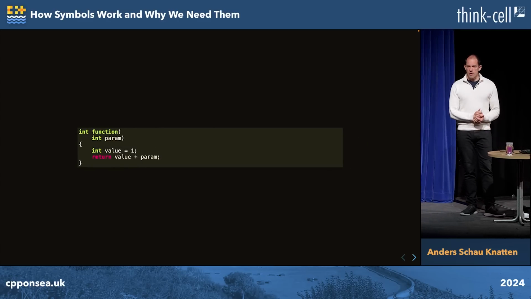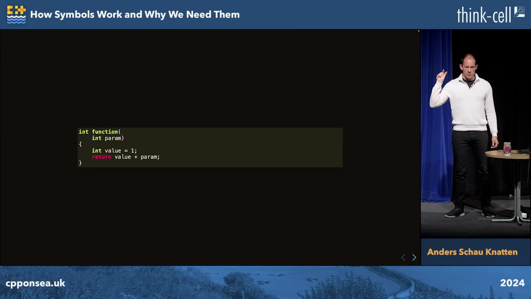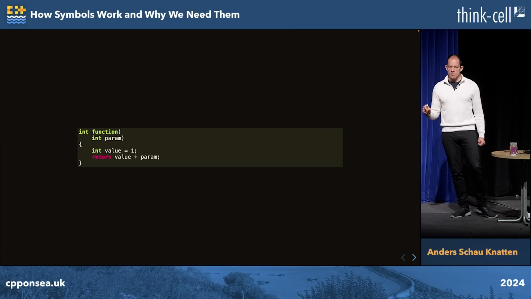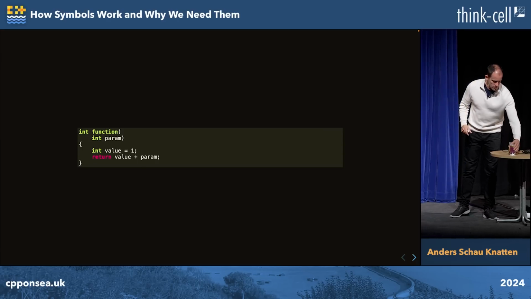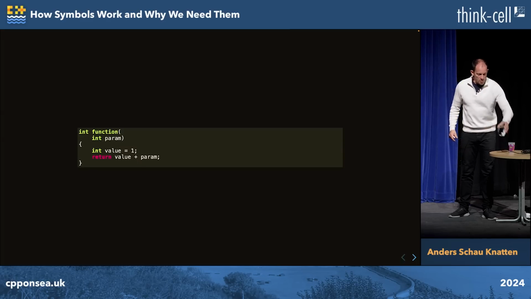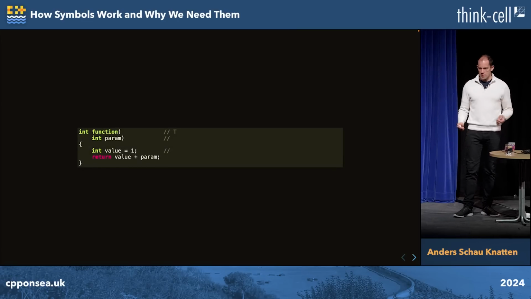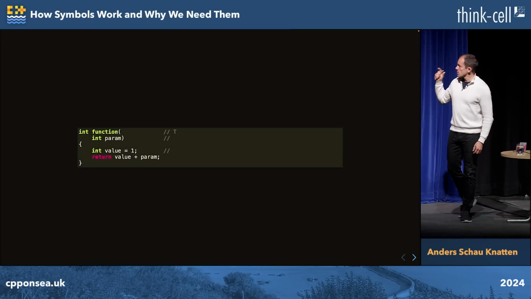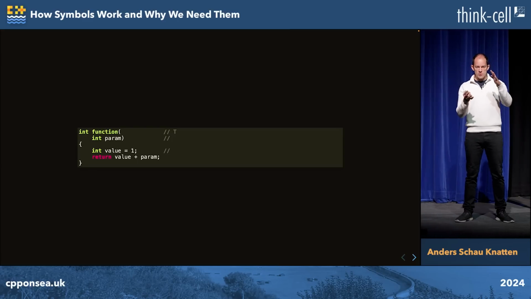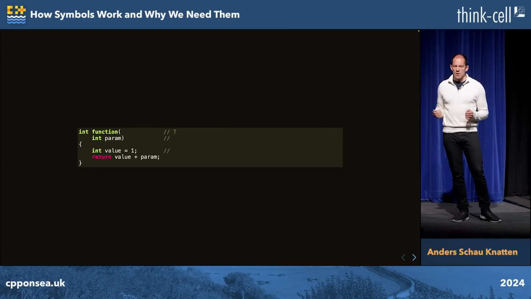Now my function has a parameter and a local variable. So do I get a symbol for the function? Do I get a symbol for the parameter? And do I get a symbol for the local variable? I think someone said only the function, and that's correct. Because when I link, I have to find the function. It's one function, it's over here in the text section, everyone needs to find that function.